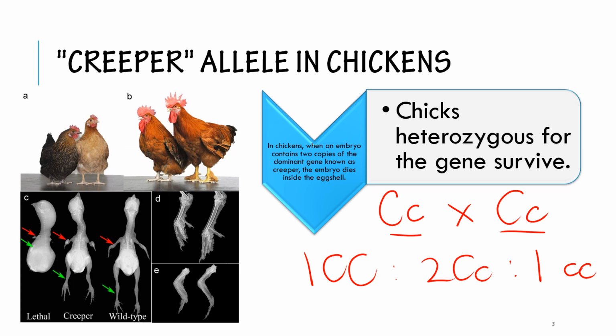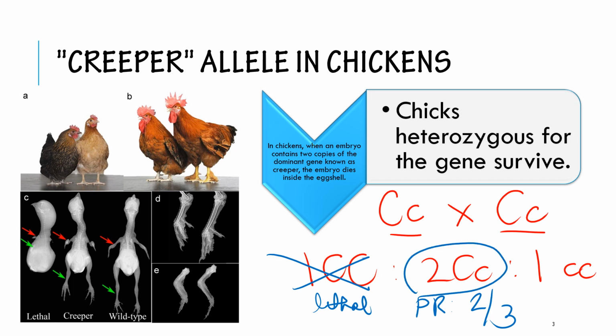But since this is lethal, you will have an offspring phenotypic ratio of 2/3 creeper, meaning chickens who survive but are stunted because they have the creeper gene, and 1/3 normal.